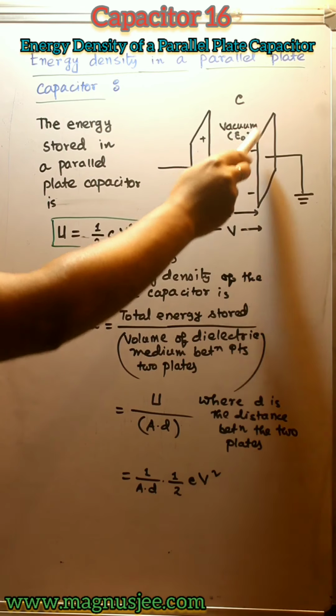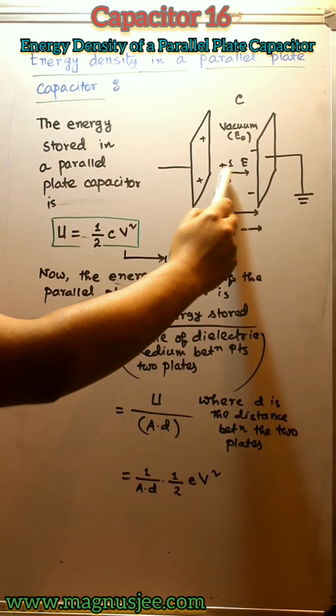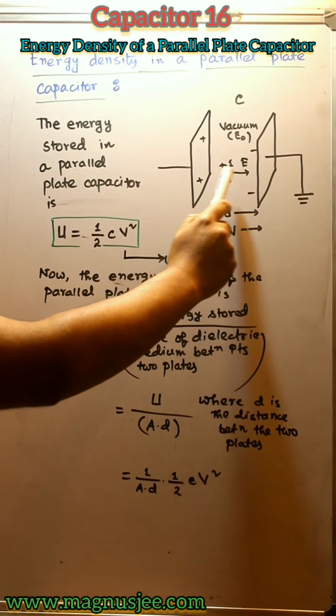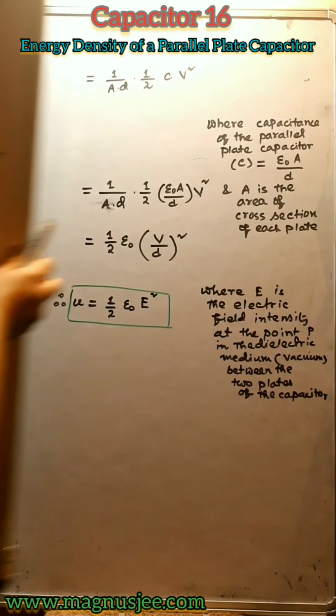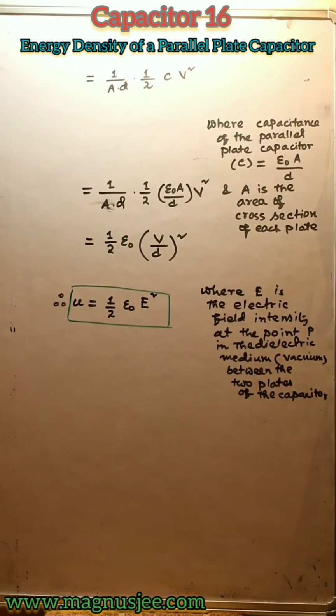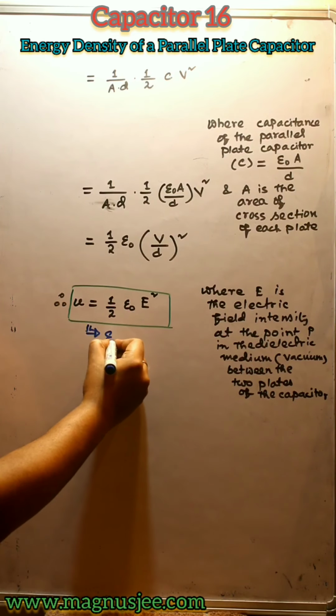A unit positive charge is placed, and that will experience a field intensity capital E at the point P from the positive plate to the negative plate. And finally we get small u as half epsilon 0 E square.